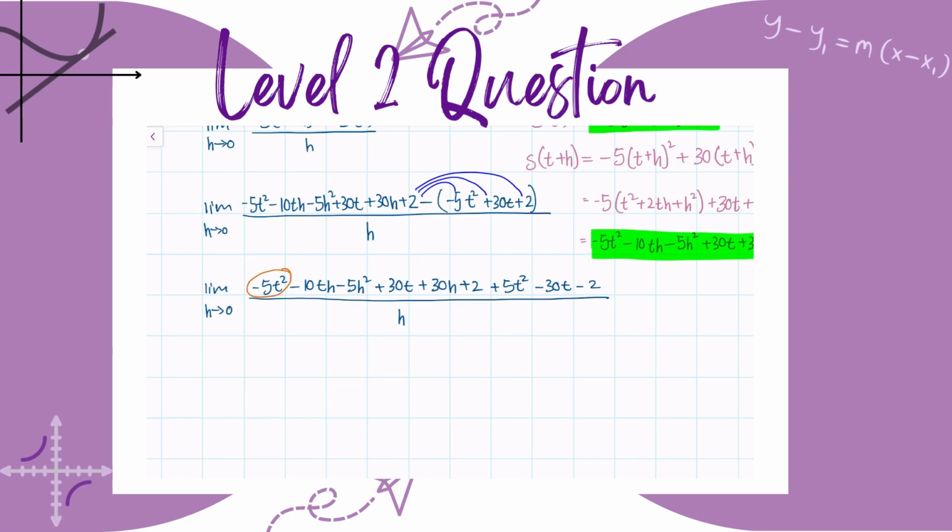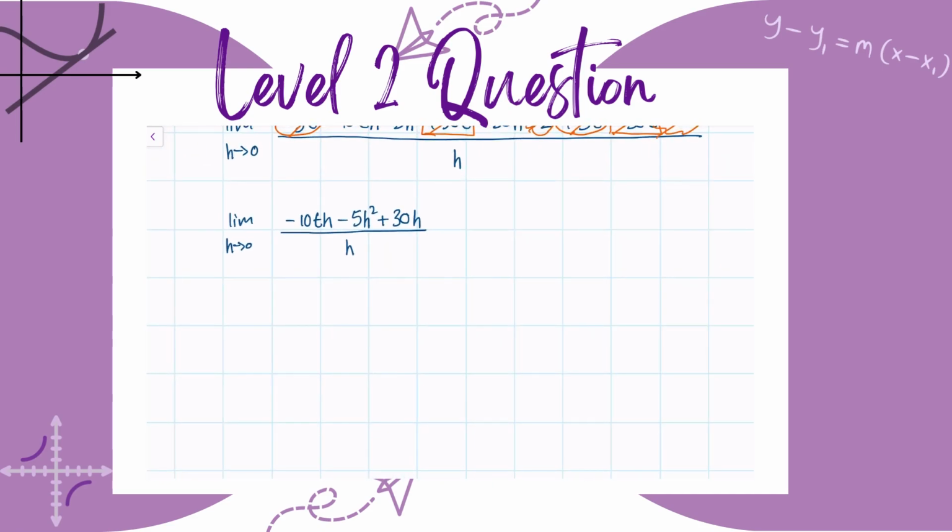Now, this negative 5 and this positive 5 are able to cancel out. The positive 30 and the negative 30 would also be able to cancel out. This 2 over here and the negative 2 over here also cancels out. So that leaves us with limit h approaching 0, negative 10th minus 5h squared plus 30h over h.